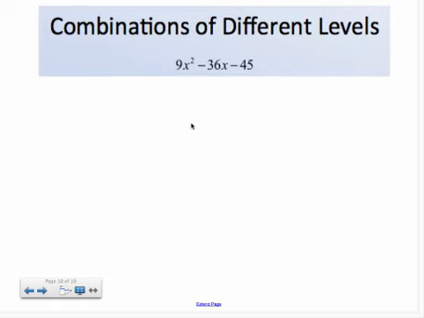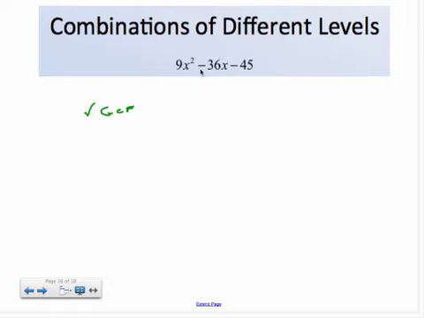Okay, and finally, you may have to use different levels of factoring on the same problem. You've already seen a few examples of that, and my advice is to always do the lowest level first. So if you go back to the pyramid, GCF is the lowest level in the pyramid. It's the easiest one to do, so I would always start there, because it will sometimes make your numbers smaller.